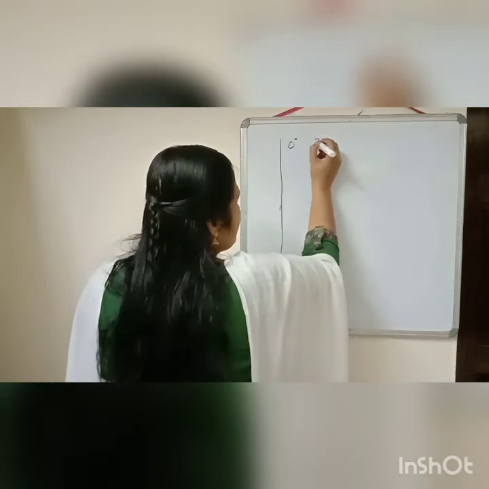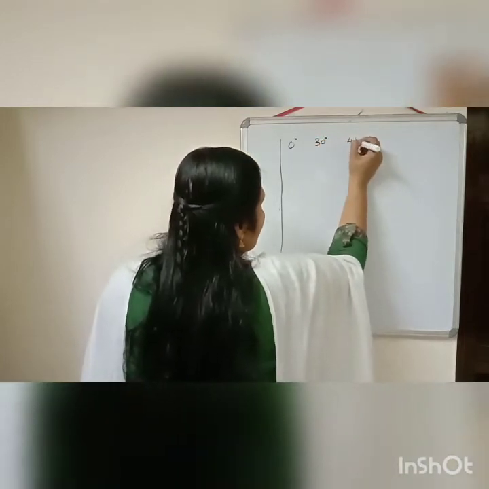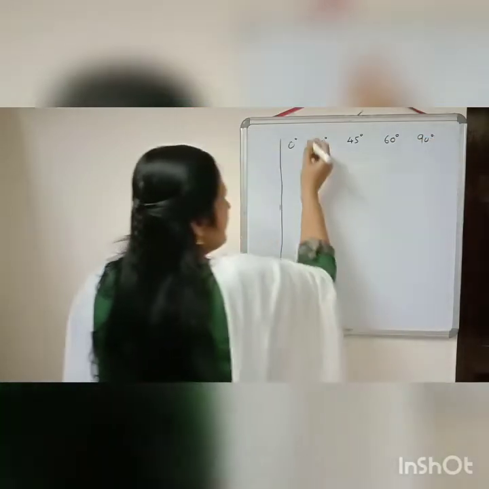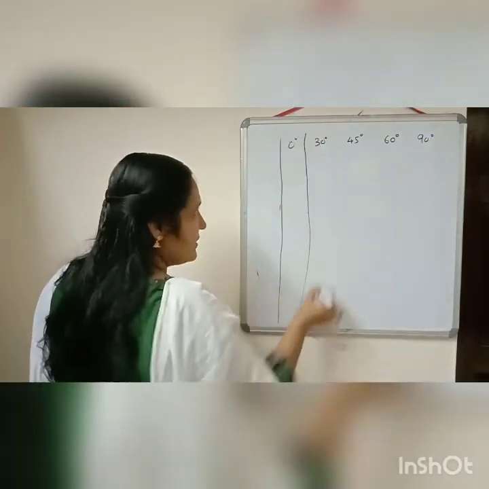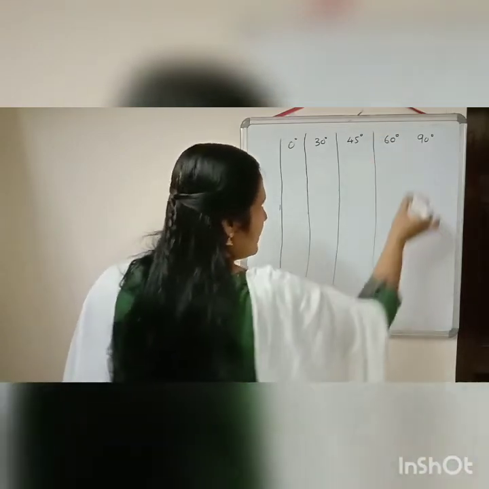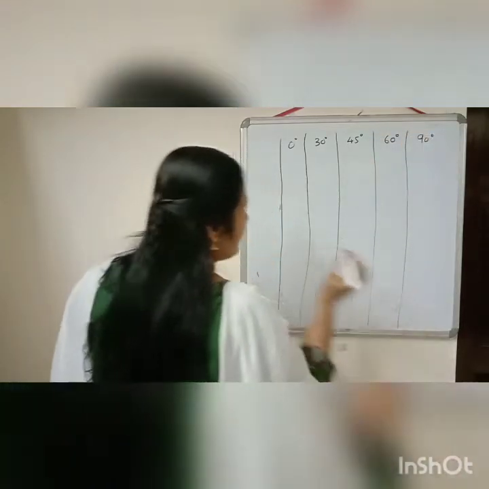0 degree, 30 degree, 45 degree, 60 degree and 90 degree. So here you just draw the table. 0 degree, 30 degree, 45 degree, 60 degree and 90 degree. Now here comes the trigonometric ratios.